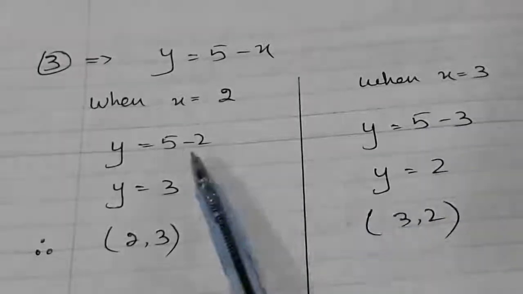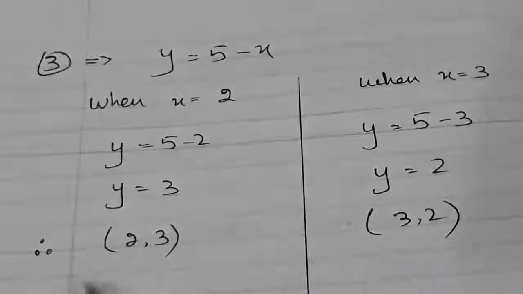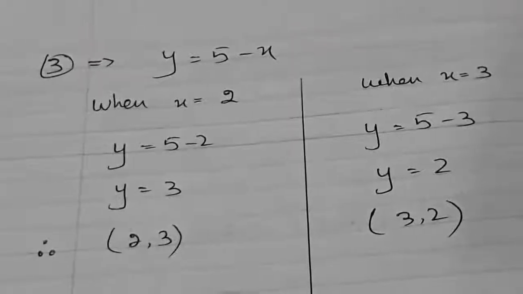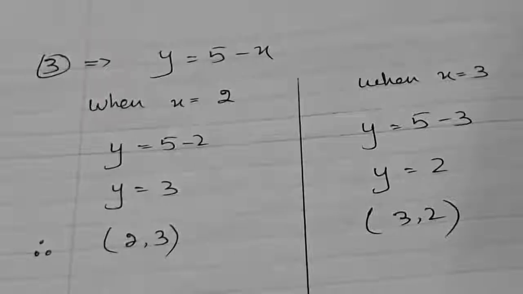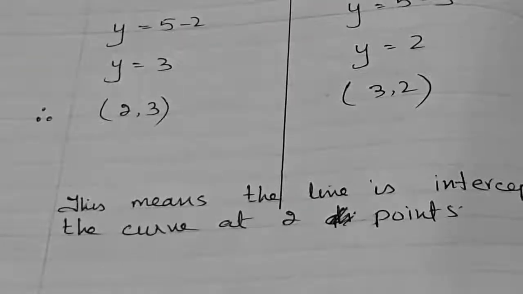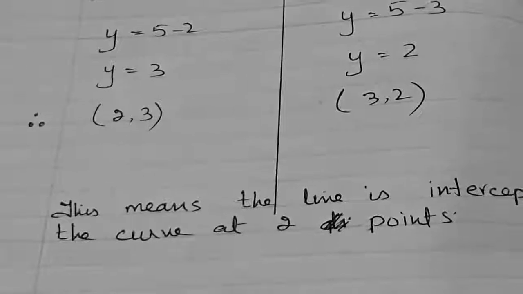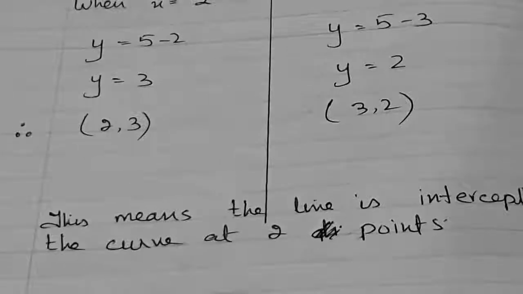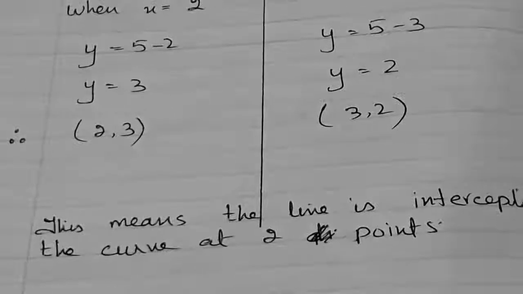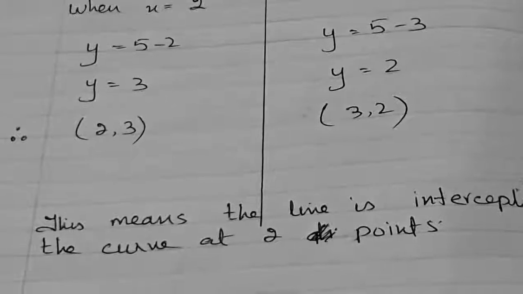So from here I have gotten two roots. It means the linear equation and the curve are intersecting at these 2 points. This is the meaning of the answer here. At times it is asked, what is the meaning of this answer? What do you understand? What is happening? You can say the line and the curve are intersecting at 2 different points.